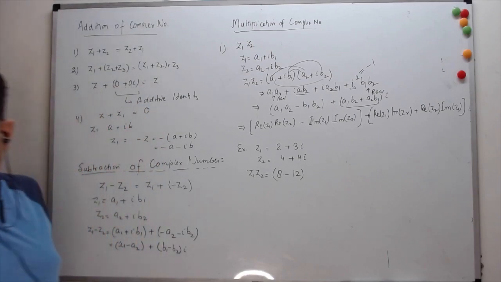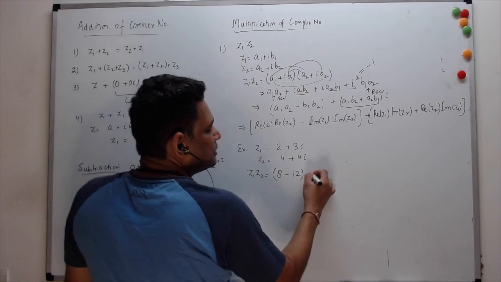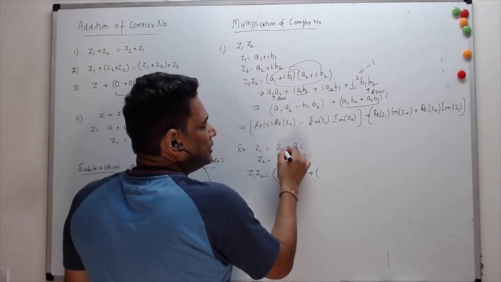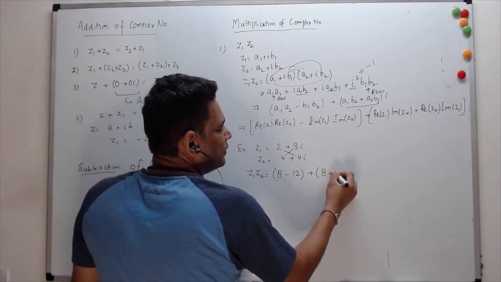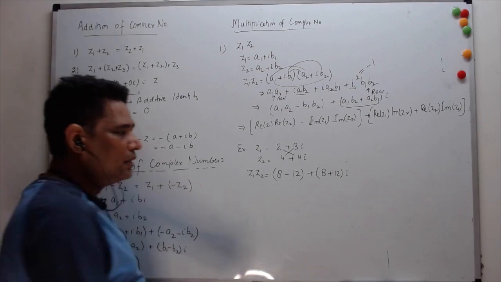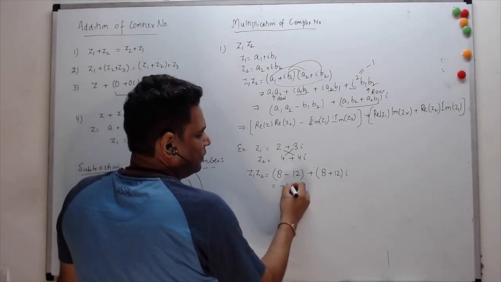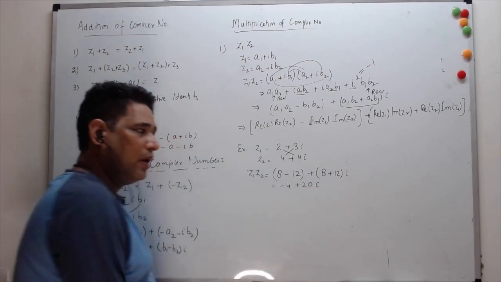That's the real part of it, plus this into this and this into this. So 8 plus 12 times I, meaning minus 4 plus 20i. That's your product.